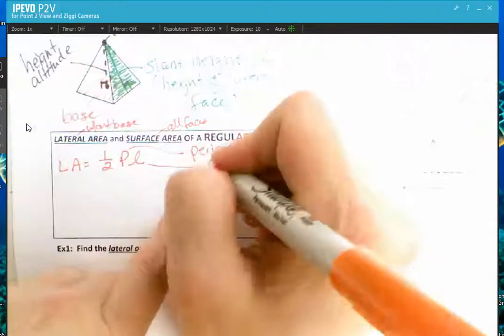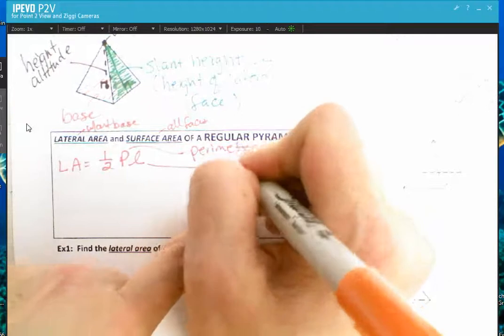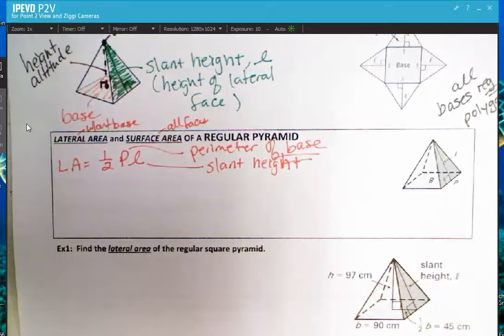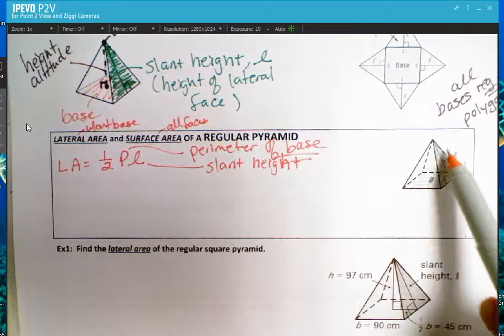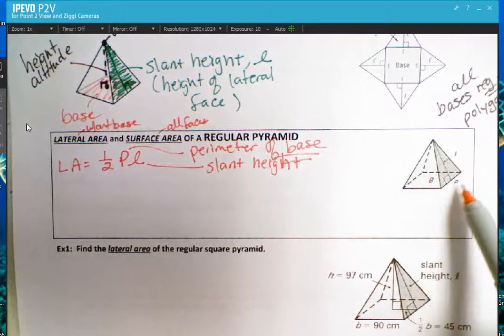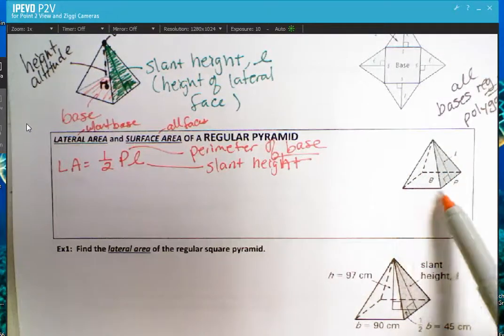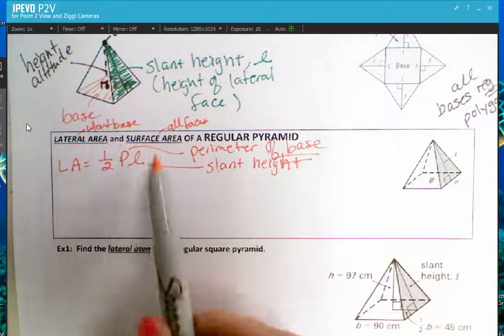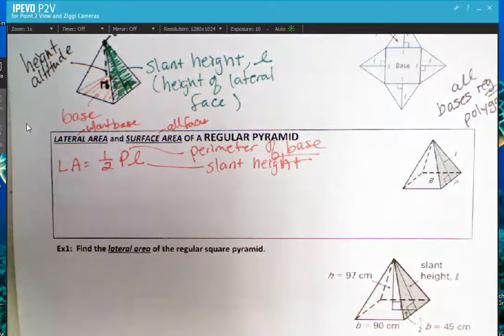And this cursive lowercase l is your slant height. So you've got to be careful with which pieces you need to pull together. That's going to give me all 4 of these because I'm multiplying by the perimeter. So whatever the length of that perimeter is, I'm taking all of that area.